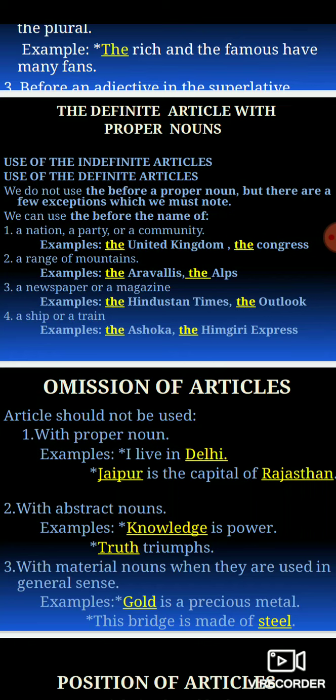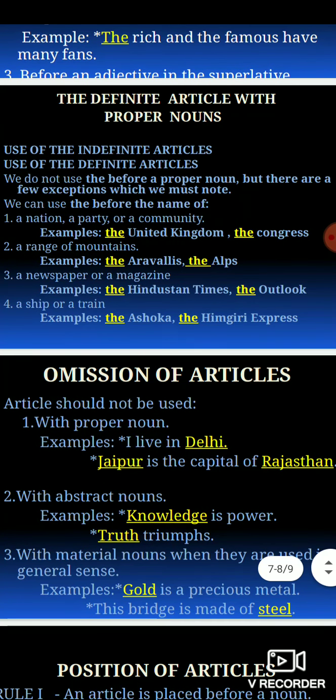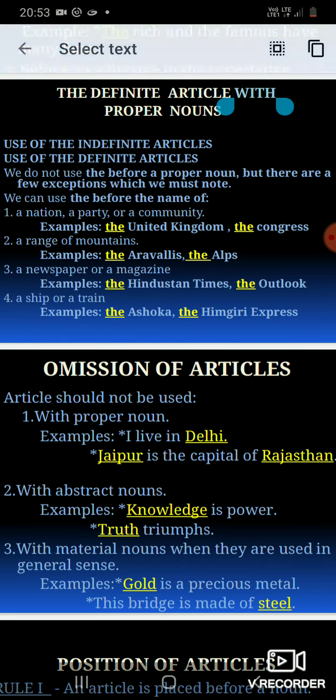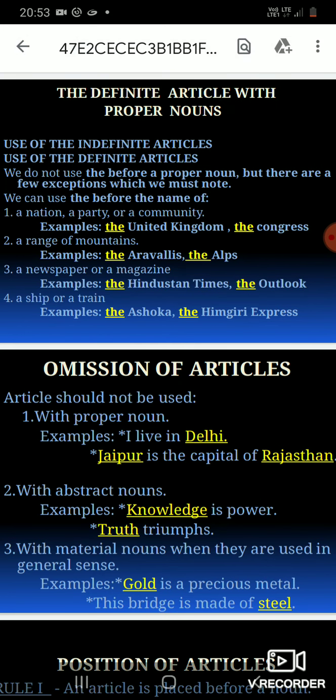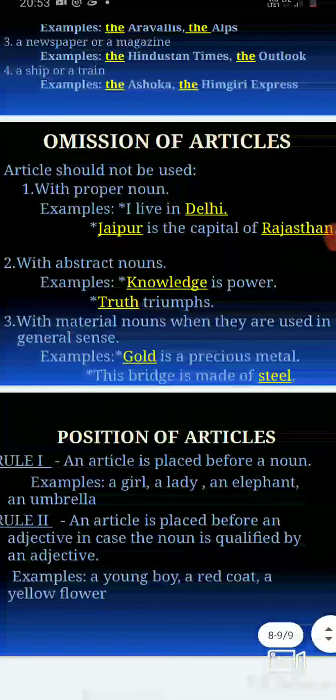There are some exceptions, like in science, graphite is an exception among non-metals as a conductor of electricity. The Congress, a range of mountains, the Aravalli, the Alps, a newspaper or a magazine, the Hindustan Times, the Outlook, a ship or a train, for example, the Asoka or the Himgiri Express.